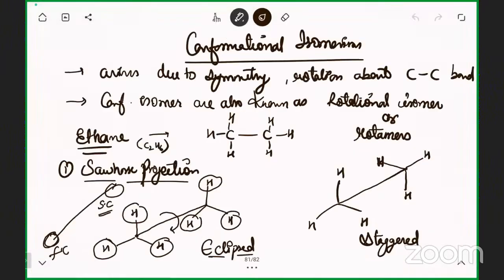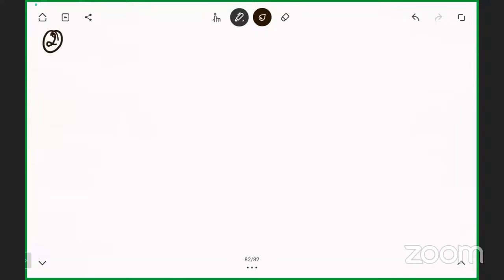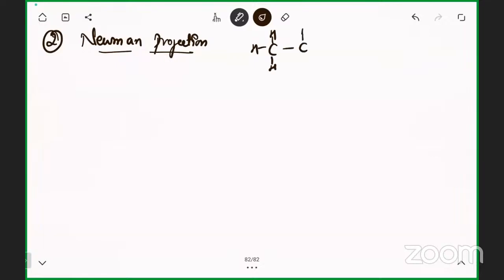The second type I am making, of ethane only, is the Newman projection. In the Newman projection, you are viewing the molecule along the bond joining the carbon atoms in such a way that the atom near to you is shown at the front. For example, the basic structure was CH3, CH3.